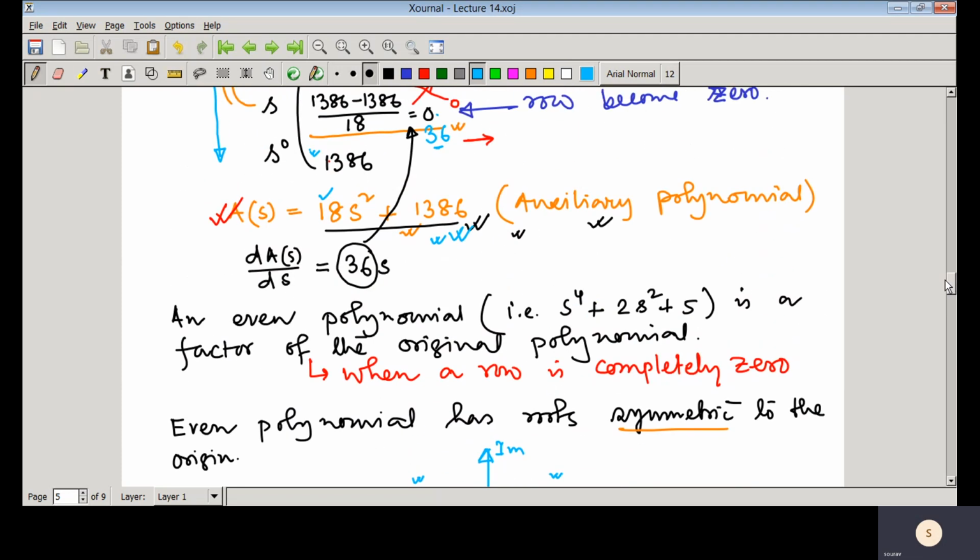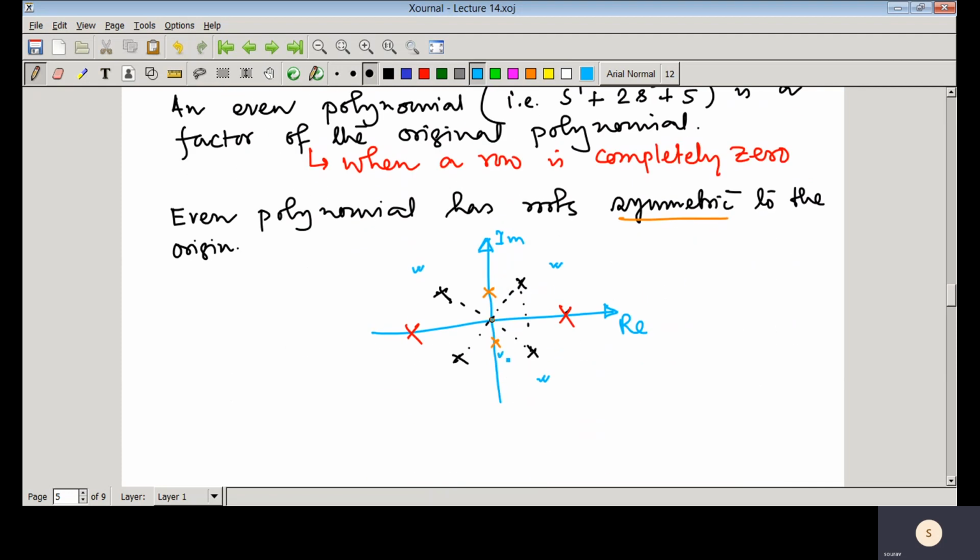This particular polynomial is one even polynomial with order 2. That means it has two roots, and as no roots on the right half of the S-plane or left half of the S-plane, that means two roots would be on the imaginary axis. That means this type of thing happens. Two roots on the imaginary axis, and it should be symmetric to the origin.